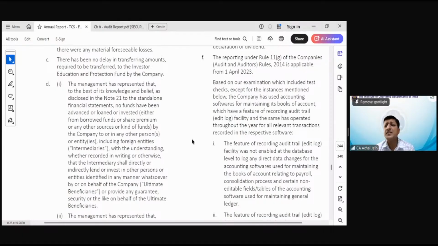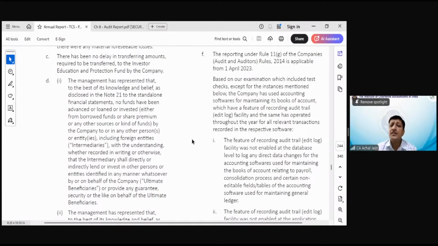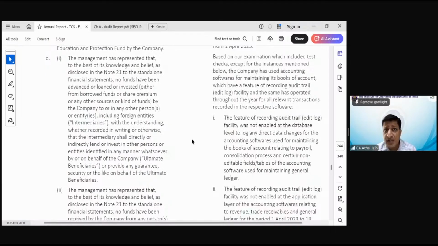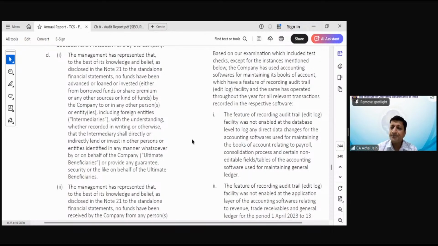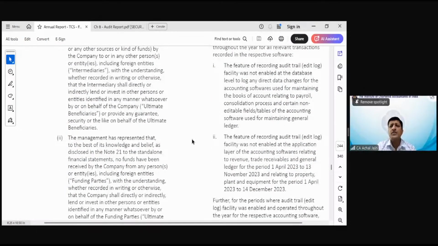Now let's understand how is this reporting done. Auditor is saying based on our examination which included test checks, except for the instances mentioned below, company has used accounting softwares for maintaining its books of accounts, which have a feature of recording audit trail, and same has operated throughout the year for all relevant transactions. Okay, so he's saying except for these two situations, everything was in place.